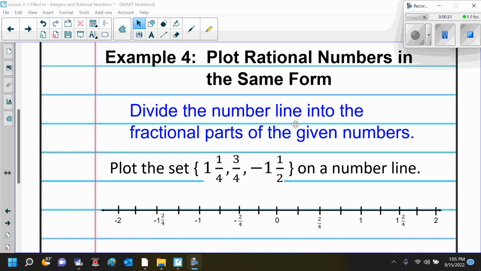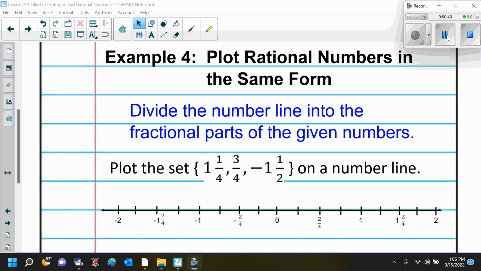It says, when we need to do this, we need to divide the number line into fractional parts of the given numbers. When we're comparing fractions, we need to get common denominators, right? Same and same. When we are comparing decimals, we need to have the decimals out to the same place value, same and same.